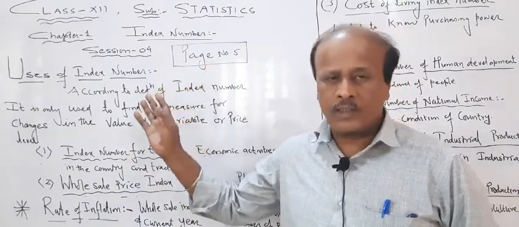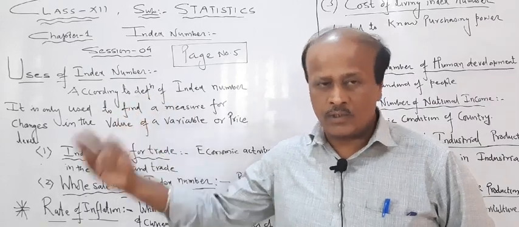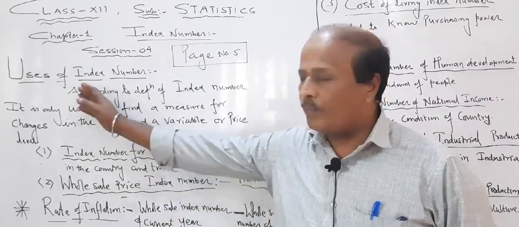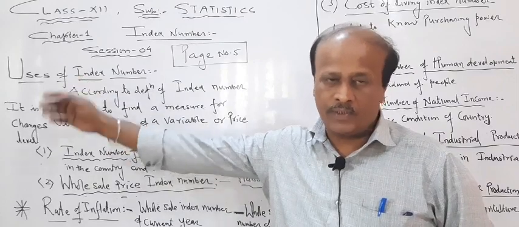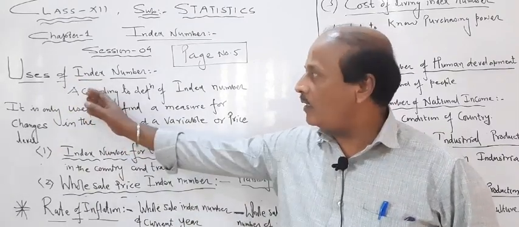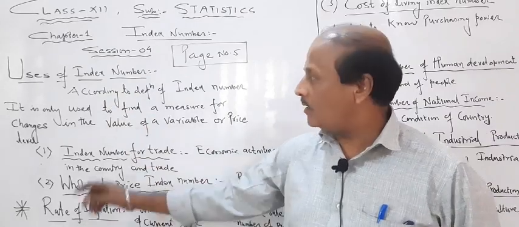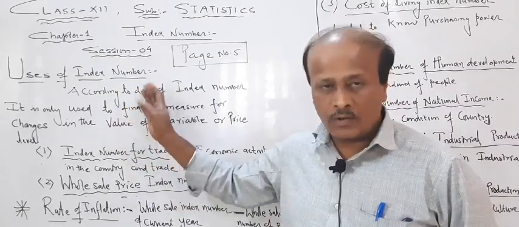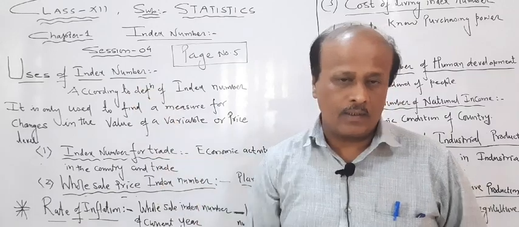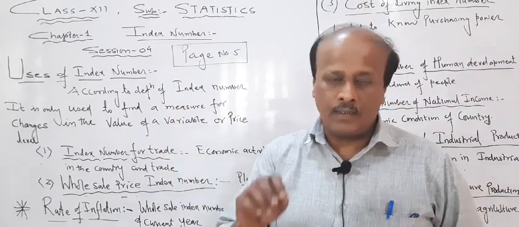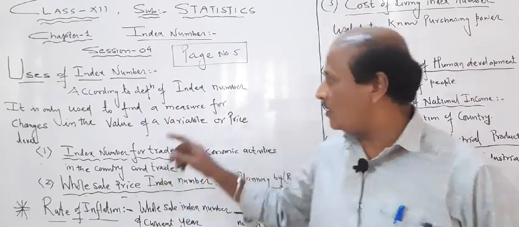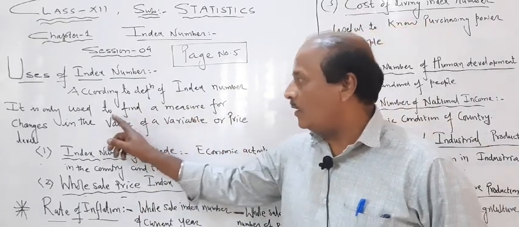First of all, as per the usual schedule, we always go for a revision of the previous topic. The previous topic, as I told you last time, was index number. What is index number? According to its definition and meaning, it's a parameter, a measure which tells you the changes.